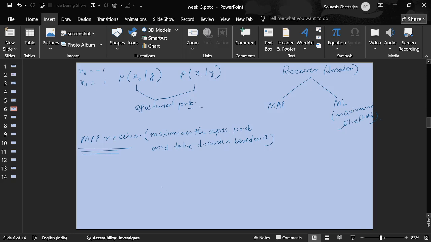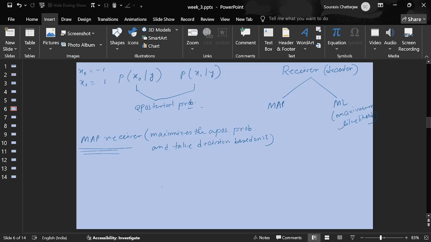You have only two symbols to transmit, x0 and x1. At the receiver, it's a MAP receiver, that means it maximizes the a posteriori probability and takes the decision based on it. And you have these two a posteriori probabilities corresponding to the two symbols. Now based on these three pieces of information, what do you infer? What is the receiver going to decide?